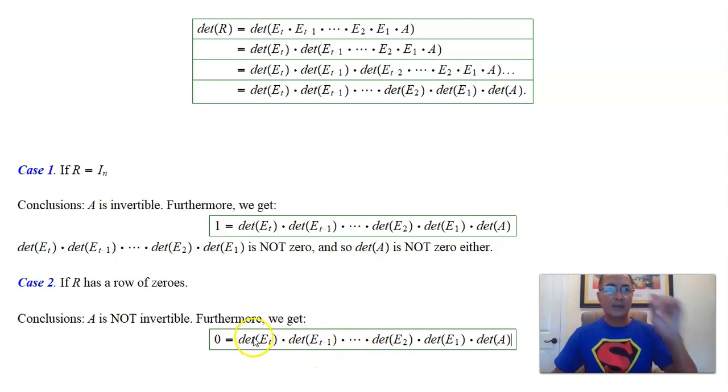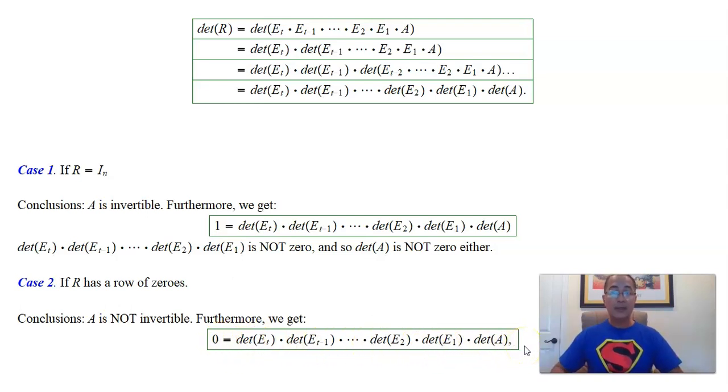Okay, but now, once again, none of these factors is 0. So we can divide both sides of this equation by all of these factors. We get 0 divided by all of these equals the determinant of A, and thus the determinant of A has to be 0. Okay, so there you go.